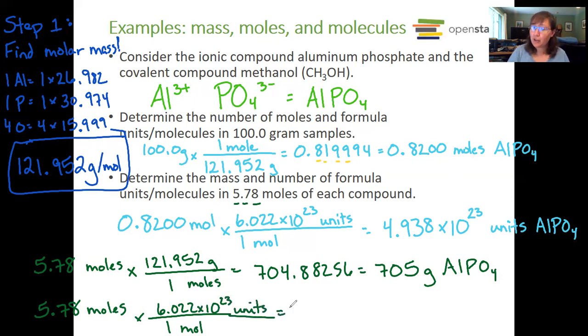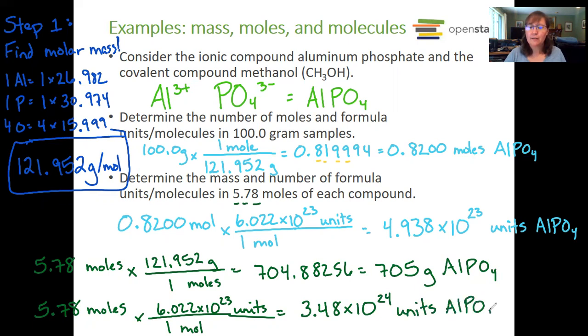Again, when you're working on the methanol on your own, that will be in molecules, not units. Okay, so we have 5.78 times 6.022 times 10 to the 23rd. Again, we can have 3 significant figures, and this becomes 3.48 times 10 to the 24th units of aluminum phosphate.